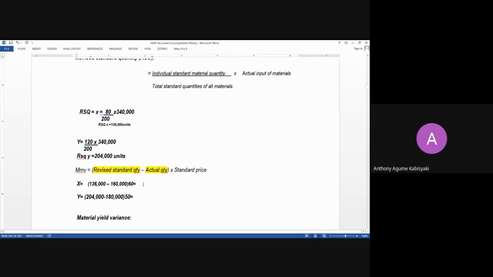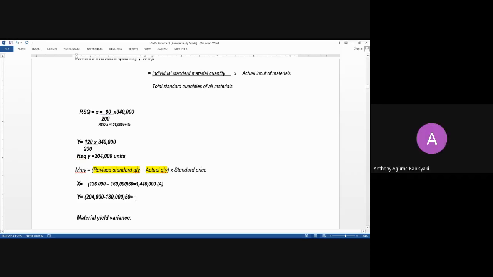So what variance do you get here for X, and then what do you get for Y? So X is 1,440,000 adverse. This is 1,040,000, and it is adverse.